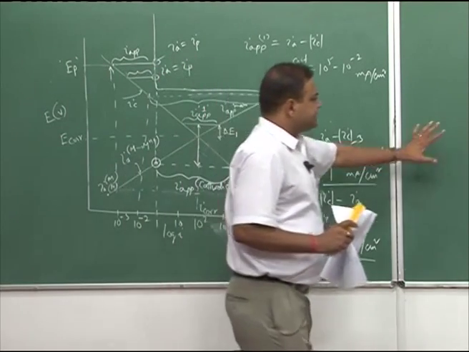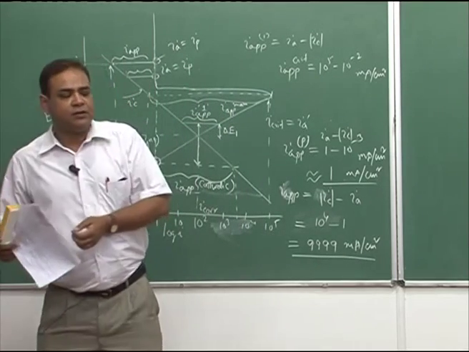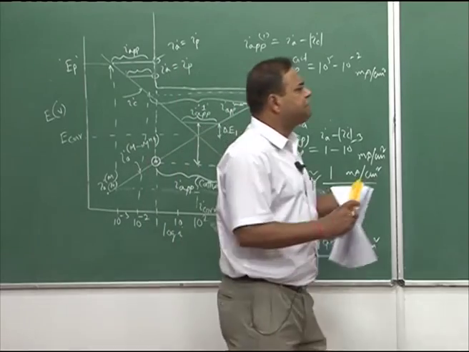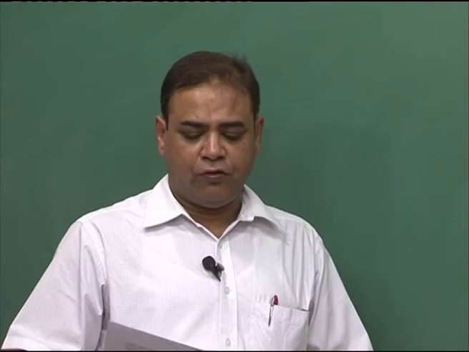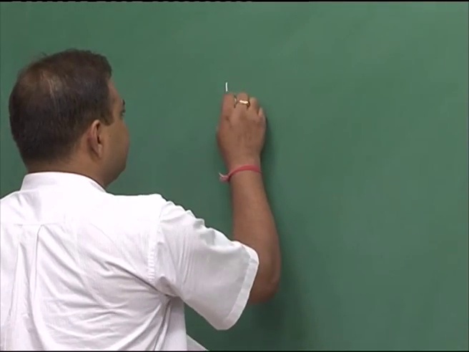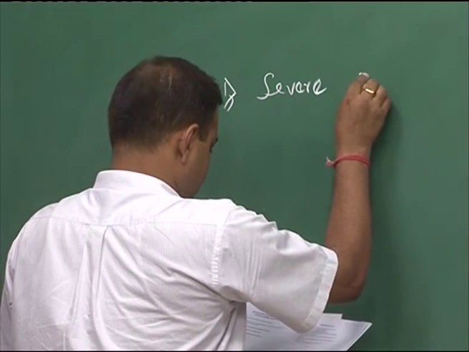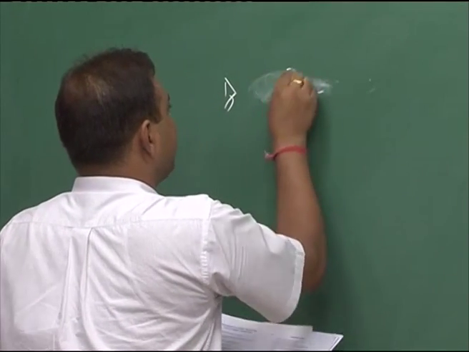Now, once we see this, let us get into another subject, which is the different forms of corrosion. Before I go to the forms of corrosion, let me again emphasize the advantages of anodic protection over cathodic protection. One is, it can be used in a severe corrosive environment, or extremely corrosive environment.